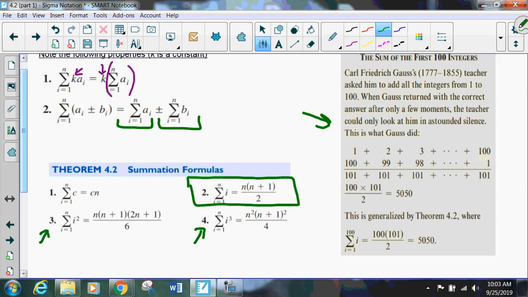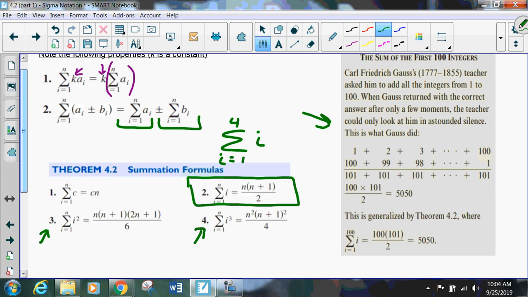So when I'm doing the sigma of, the summation of i, starting with 1 and my upper bound being n, then I know that I can shortcut that if I just keep going. Like, let's say I have sigma of, we're starting with 1 and we're ending with 4, and it is i. I could take the time and say, well, that's 1 plus 2 plus 3 plus 4, right?